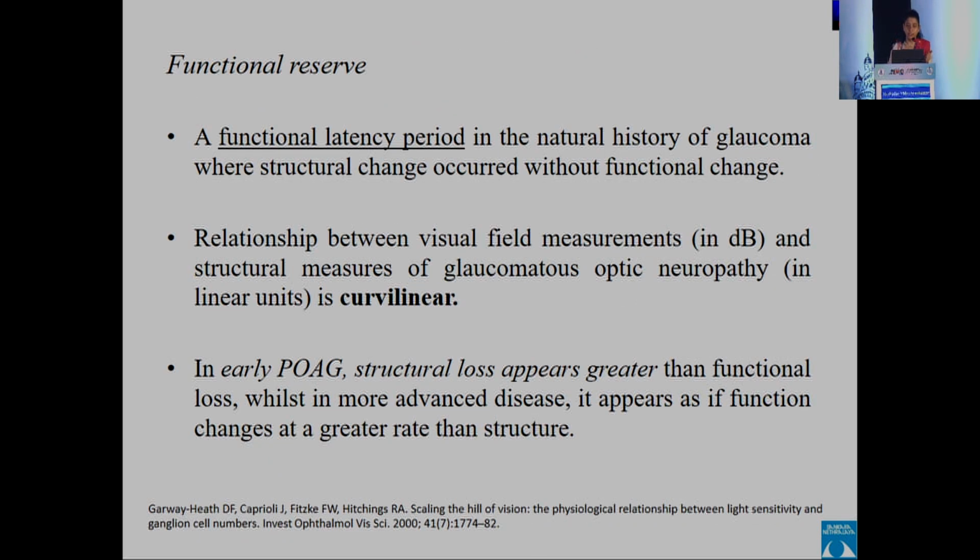This nature of the logarithmic unit gives rise to a concept called functional reserve, wherein in the early POAG, we feel that the structural loss appears greater than the functional loss. In more advanced disease, it appears as if the function changes more than the structure, but this is actually because of the curvilinear relationship of the structure and function because of the change in scales.